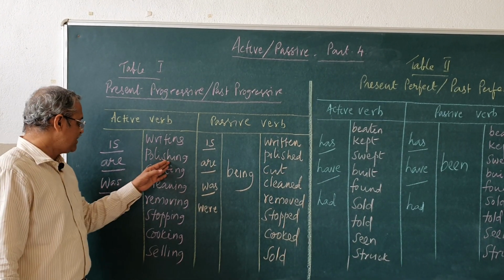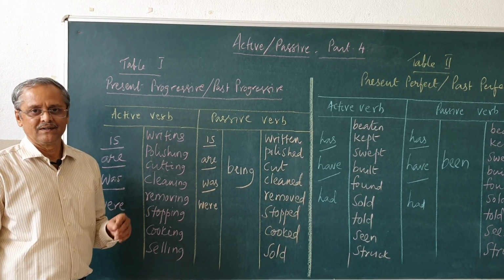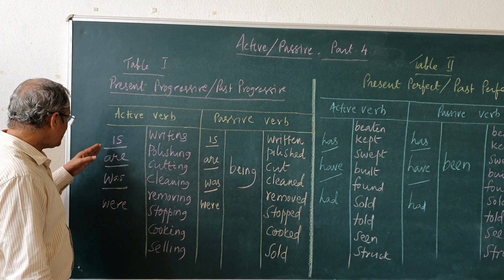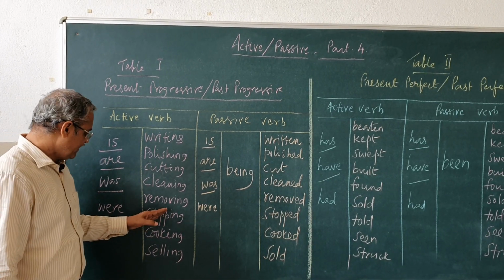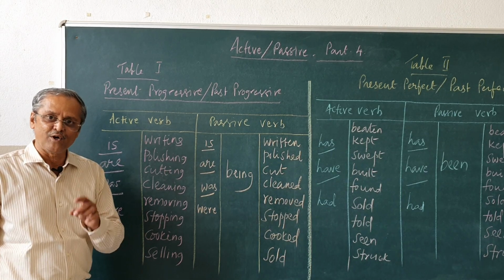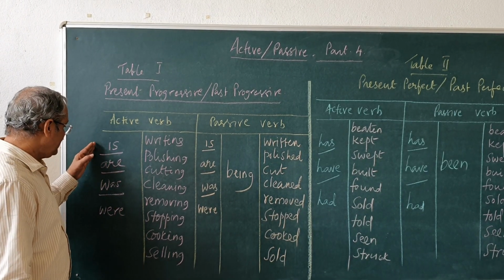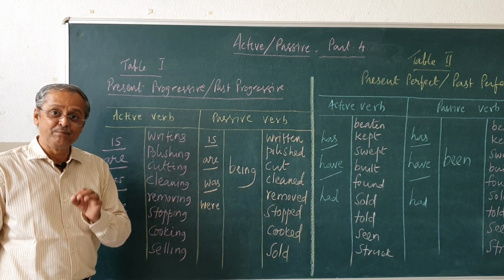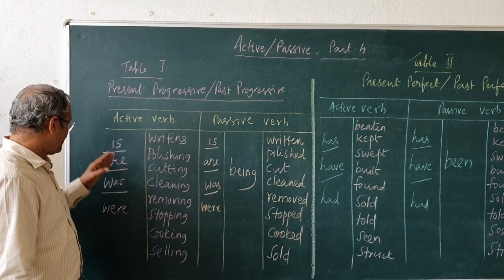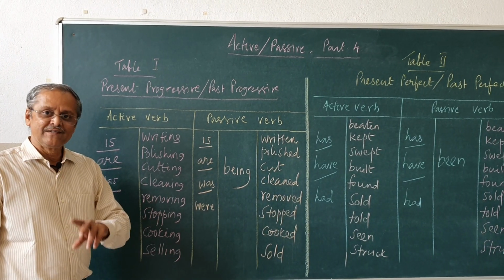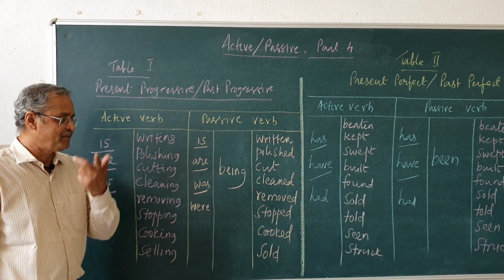They were polishing the floor, the floor was being polished by them. They are stopping the buses, the buses are being stopped by them. He is cooking breakfast, breakfast is being cooked by him. She is selling apples, apples are being sold by her.